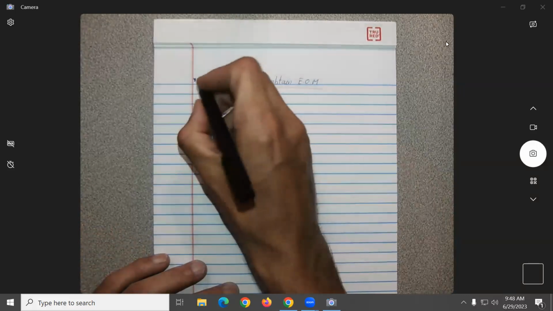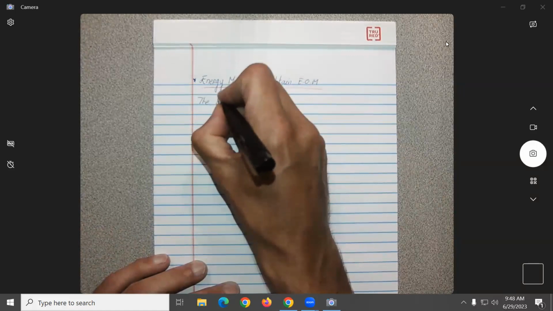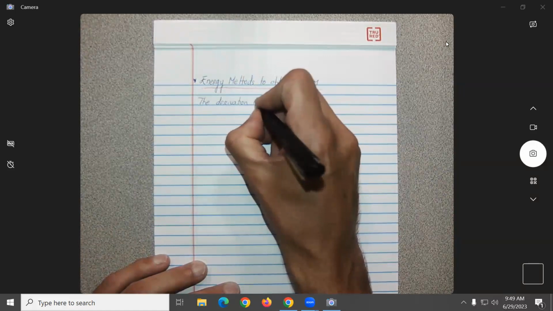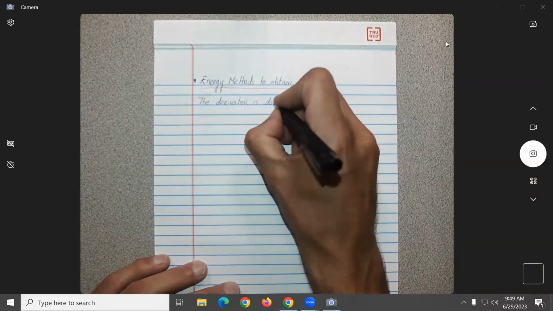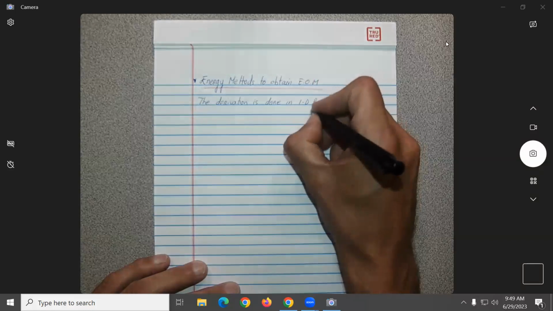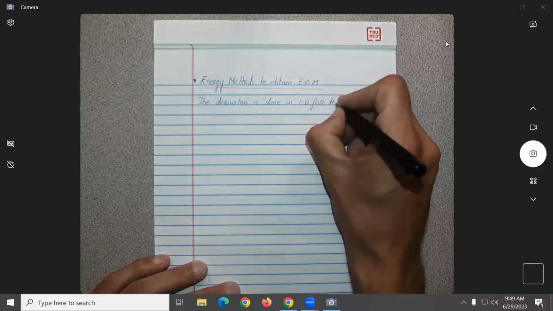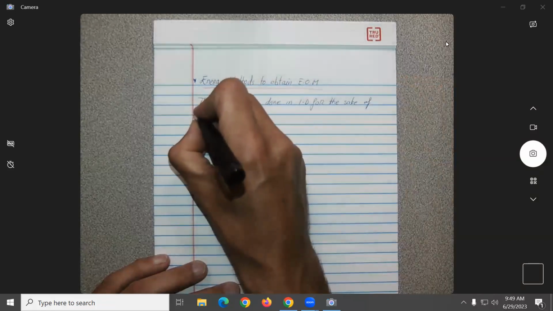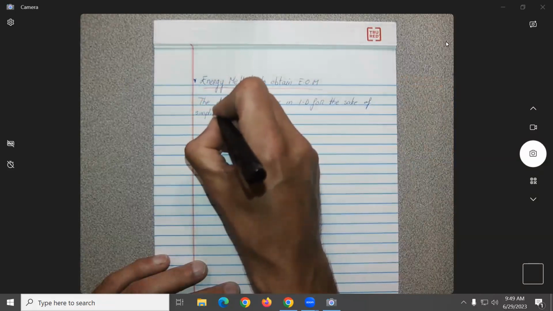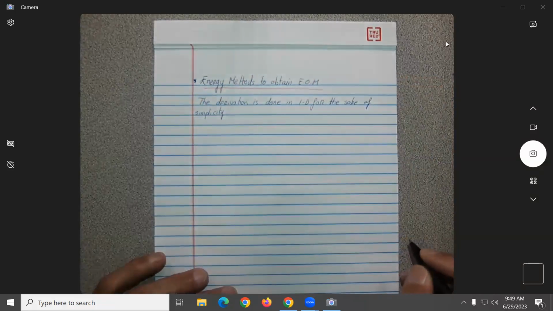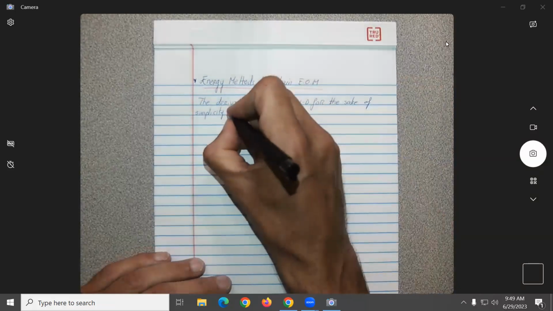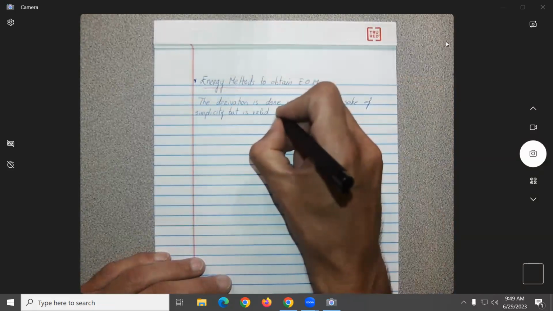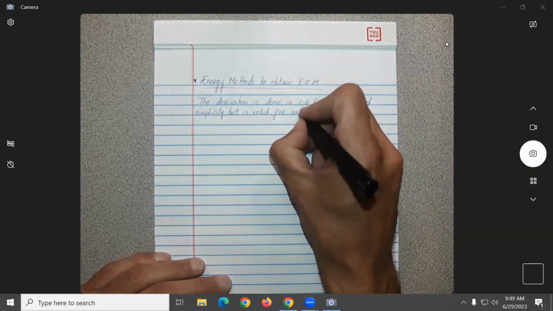Let's say the derivation is done in 1D for the sake of simplicity, but is valid for any dimension.